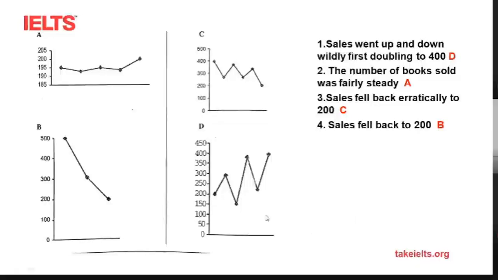It's similar to wildly, but not exactly wildly. It's erratic movement, but overall it is falling from 400 to 200, and the movement is not normal, very abrupt, up and down. That's erratic.